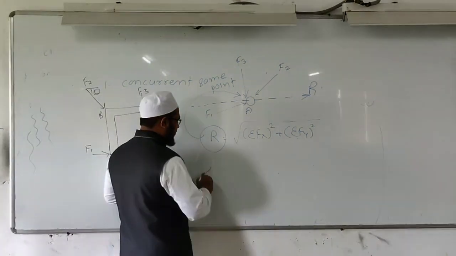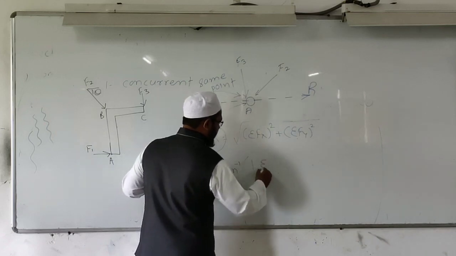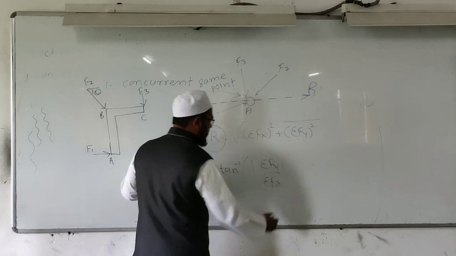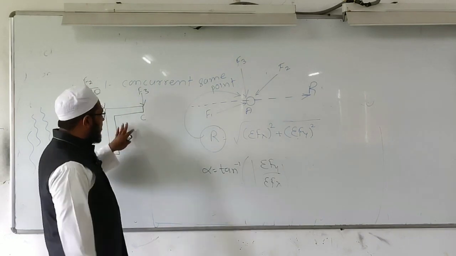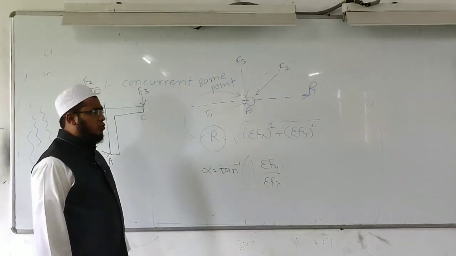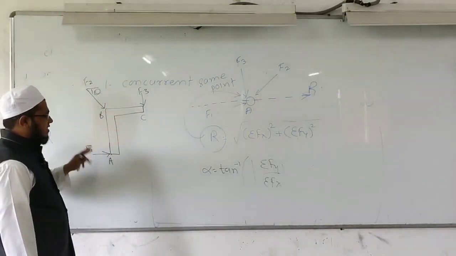And for direction alpha, we use alpha equal to tan inverse of mod of summation Fy divided by summation Fx. Same process, but here, from magnitude and direction, we don't know at which point the resultant is acting.